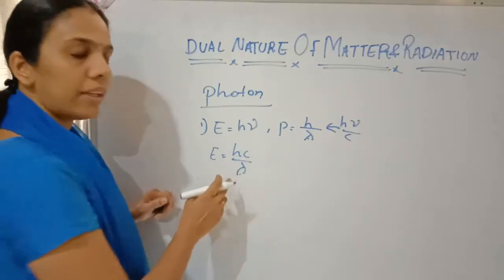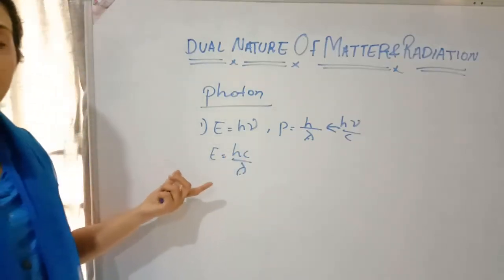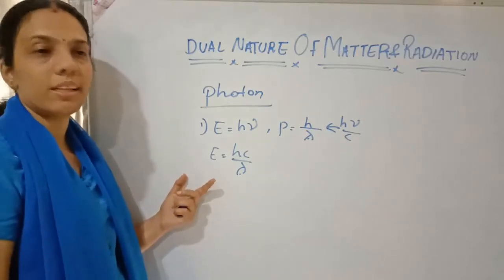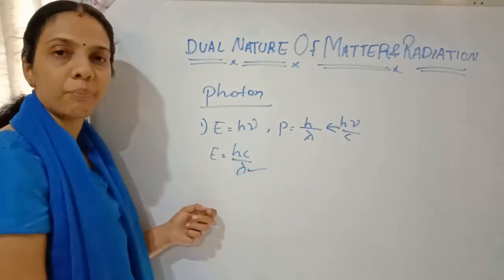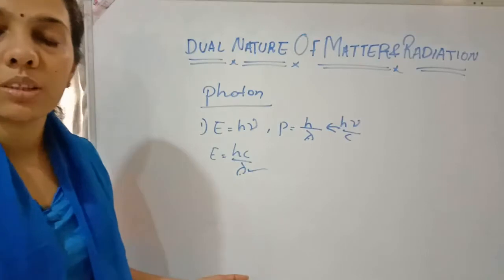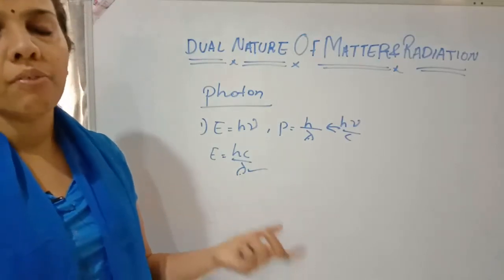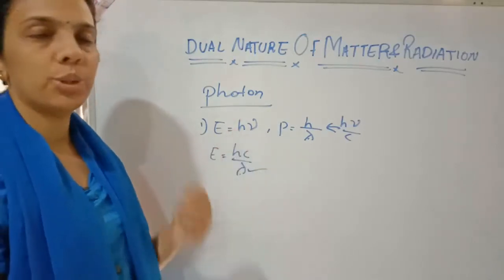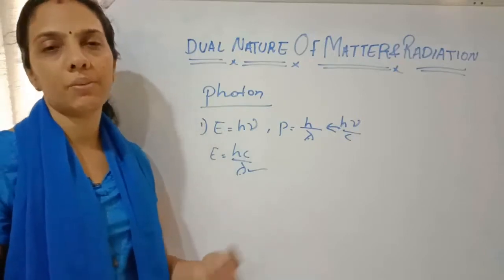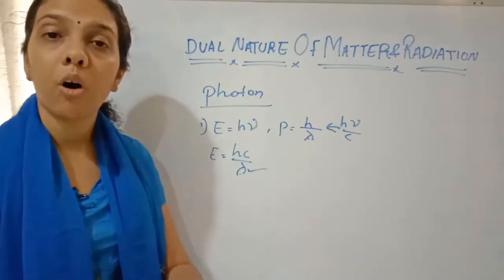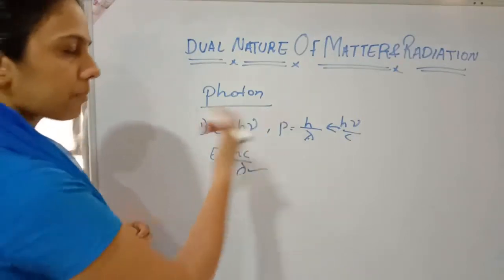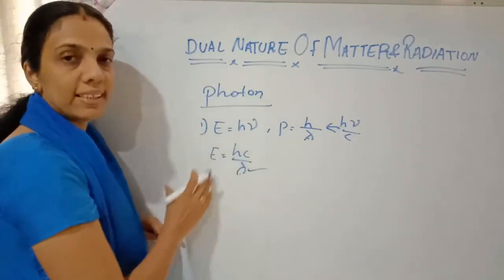It's not depending on intensity. It's depending on the wavelength, and since it is depending on the wavelength, it is depending on the frequency also. E is equal to h nu. It's depending on frequency and wavelength. It is independent of the intensity of incident radiation.